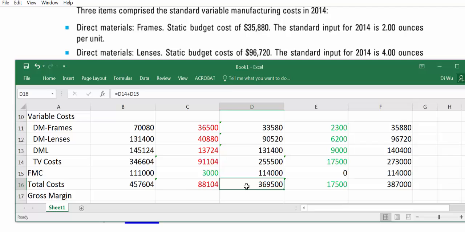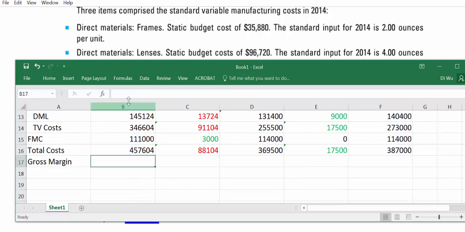Now we can find the gross margin. You can also call this operating income; this is close enough to operating income.